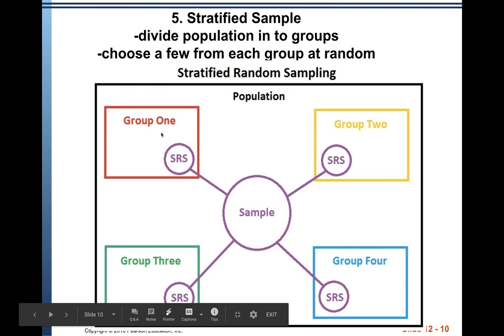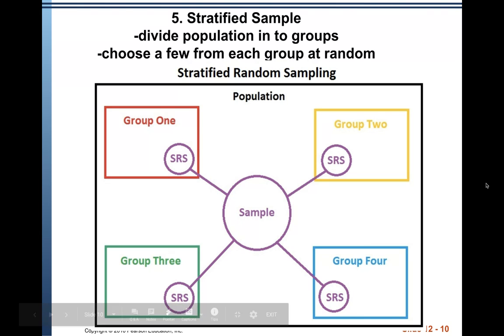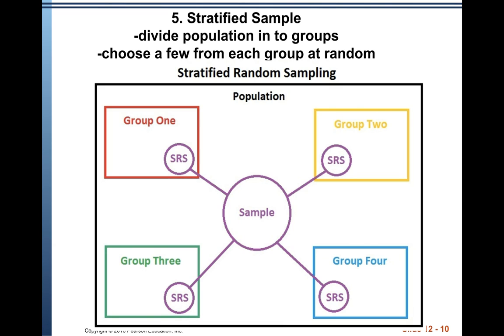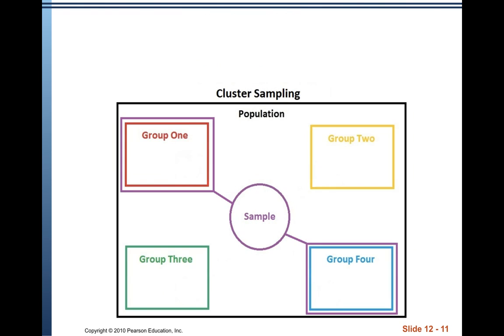So I have a couple from here, a couple from here, a couple from here, a couple from here. That is what we call a stratified sample. It's when you divide it into groups and then you choose a couple at random from each group. The one that's most often confused with it is what we call a cluster sample. A cluster sample.